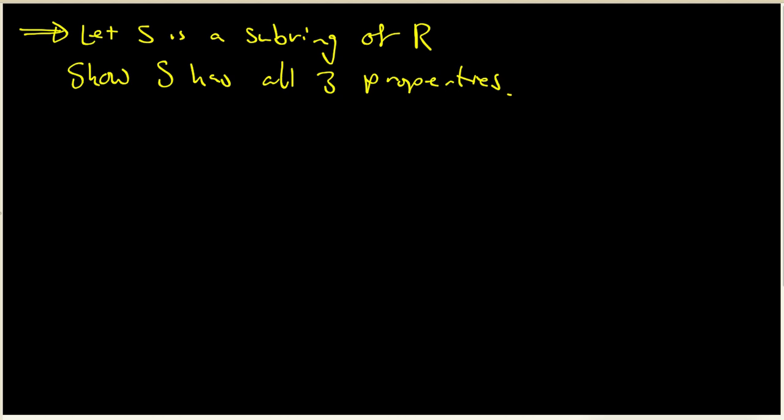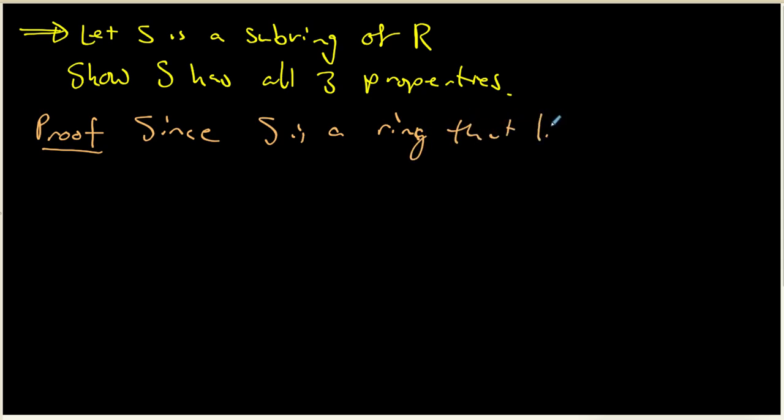And the proof of this is based on the fact that S is actually a full-fledged ring. So since S is a ring that lies inside the ring capital R, we actually know a fair amount about it. We already know the following things.